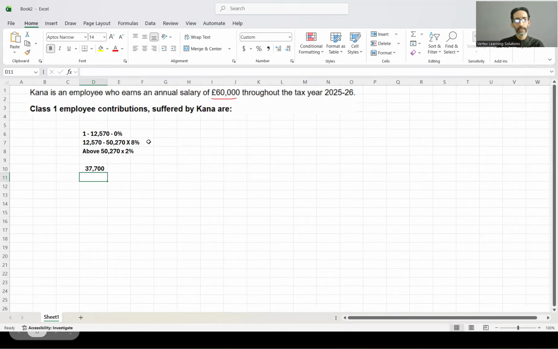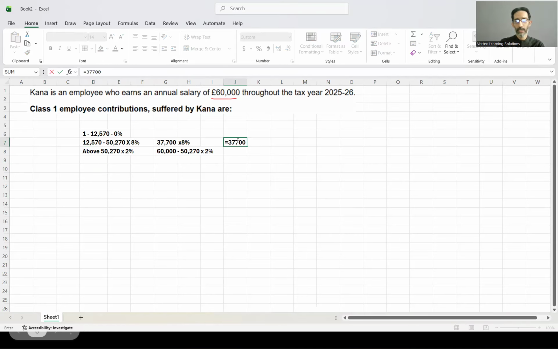So this effectively is 37,700 times 8%, and then we have the amount above, which is 60,000 less 50,270, and we multiply that by 2%. Remember that the difference between these two values is 37,700, which is equal to your basic band.